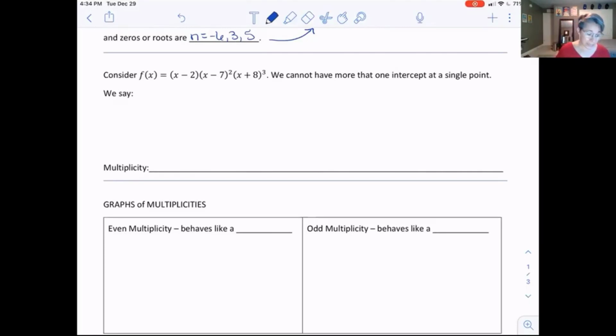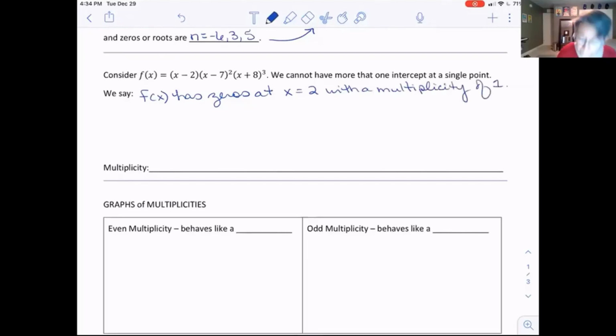So what we say is f of x has zeros at x equals 2 with a multiplicity of 1, meaning it only shows up one time in that equation.